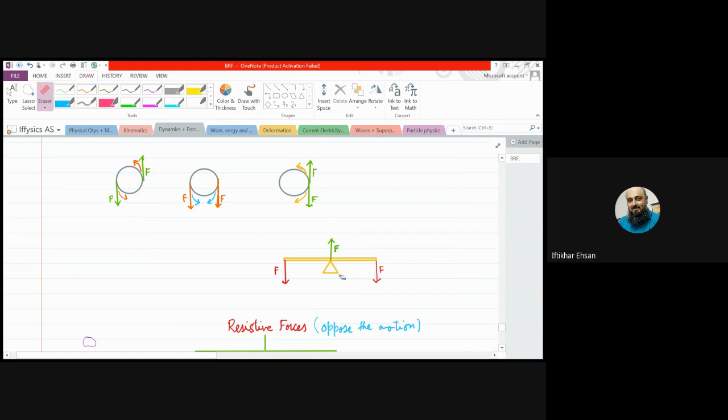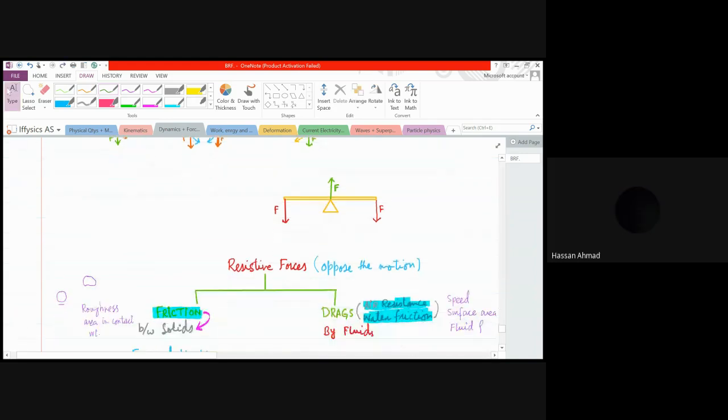But here, two downward forces will add up and make a larger downward force, and the upward force will cancel only one of those. The total upward force is not equal to the total downward force. This is not in equilibrium. But if we increase the upward force like that, then it can be in equilibrium, right? Clear?